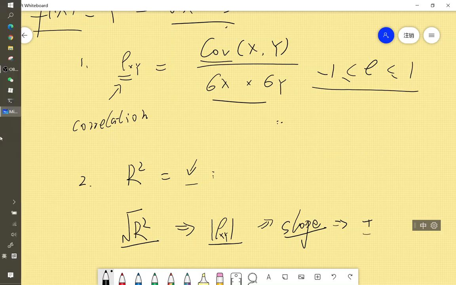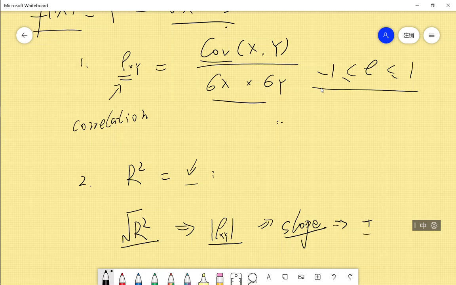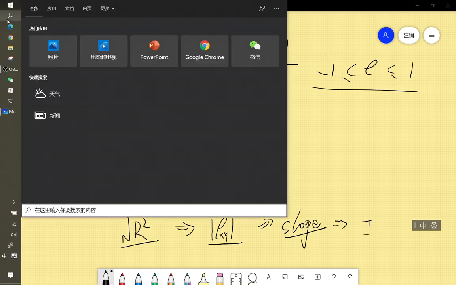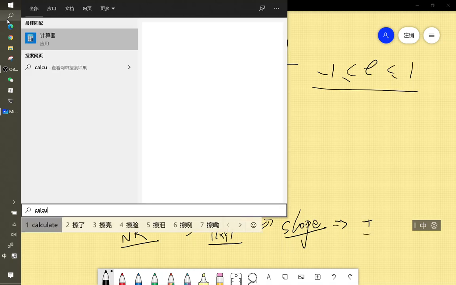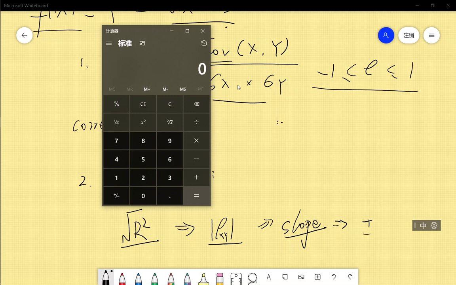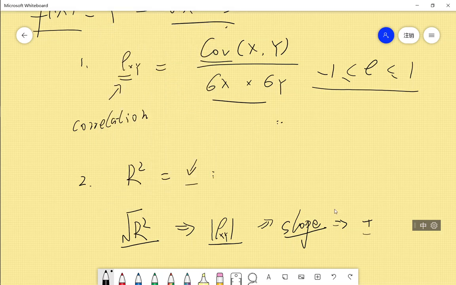So let me give you just a random example here. Let me get my calculator. Say that the correlation is 0.8, and you square that, which means you use 0.8 multiplied by 0.8, and you get 0.64.